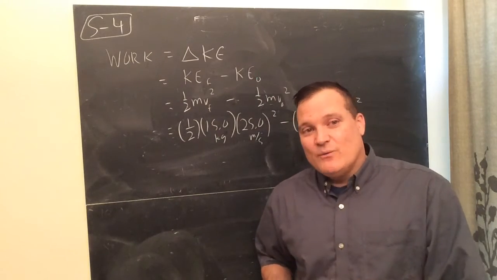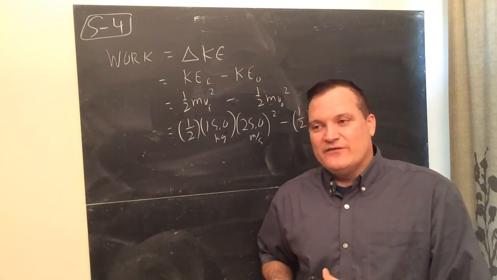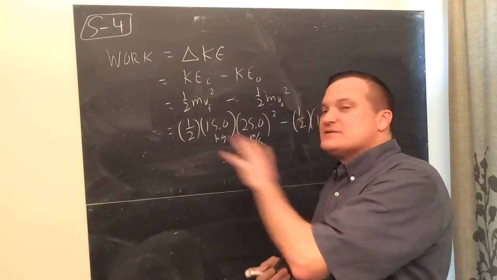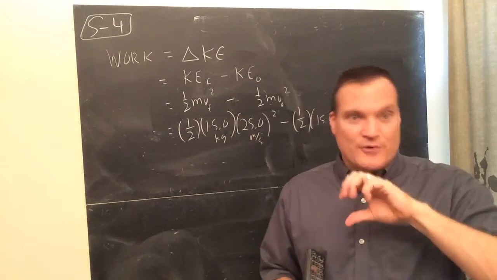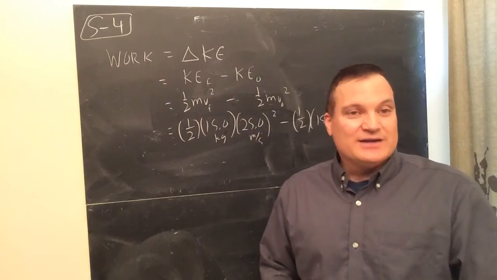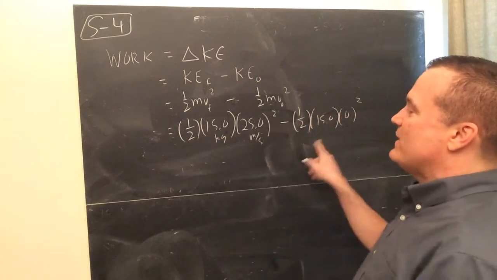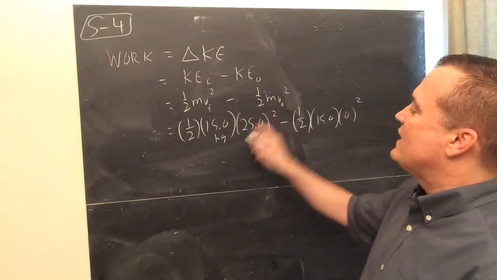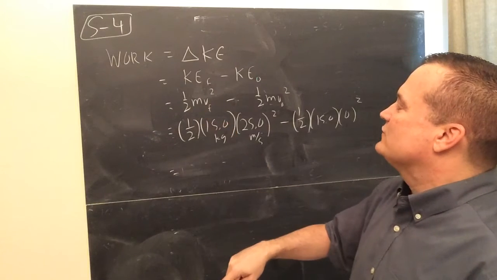How much work will be done on that? You go through all the steps like I did at the very beginning of this lesson. It's a long problem. But look, you don't have to do that. You can also do it this way. If you know the initial and final velocity, you'll find the work done right here.